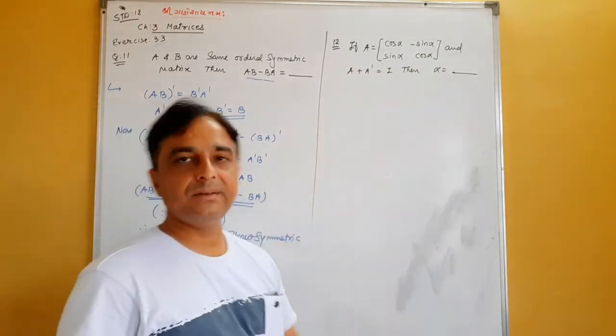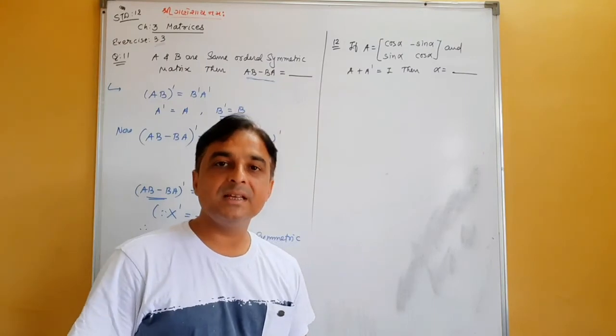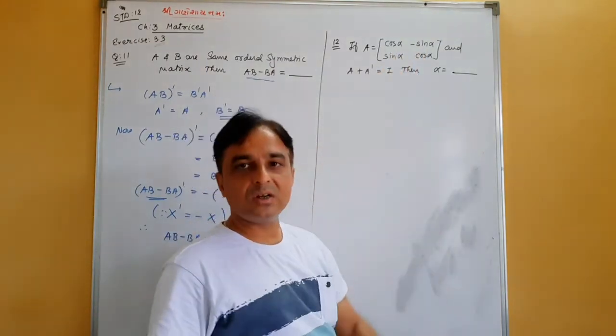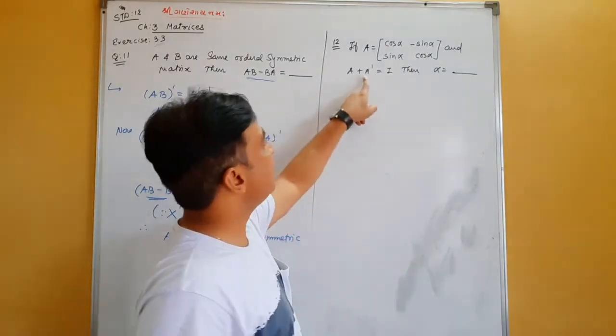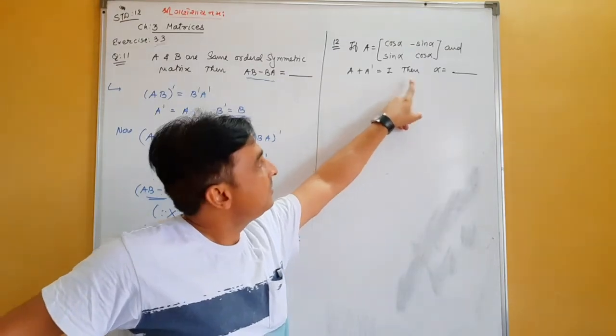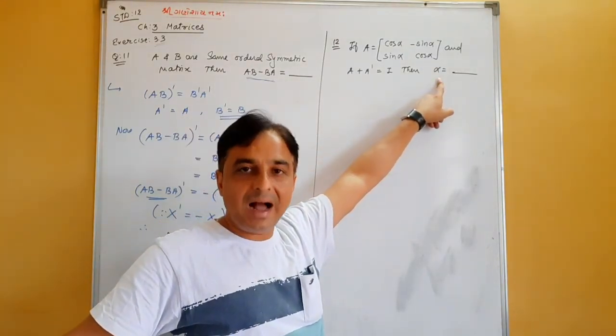Now the 12th one. A matrix A is given as [cos alpha, -sin alpha; sin alpha, cos alpha], and A plus A dash is I, the identity matrix of order 2. Then find the value of alpha.